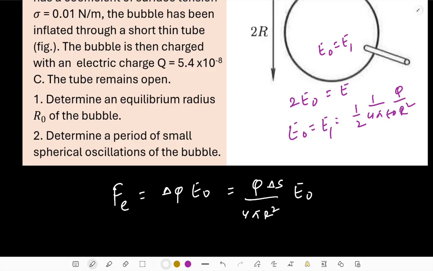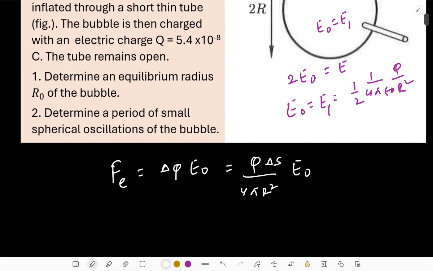And you can see we have just calculated the force exerted on the small element delta S of the bubble.